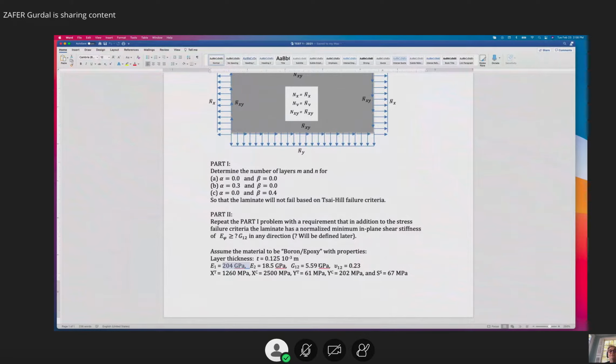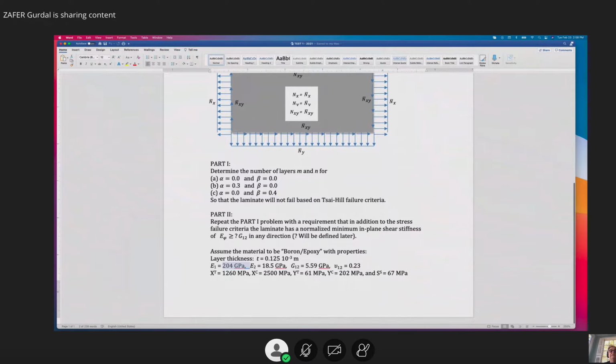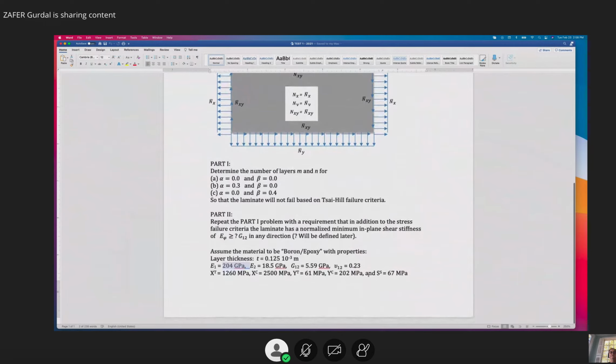Yep, it's a pretty strong material. And these are megapascals. All right. Tension, compression 2500, tension 61, compression 200.